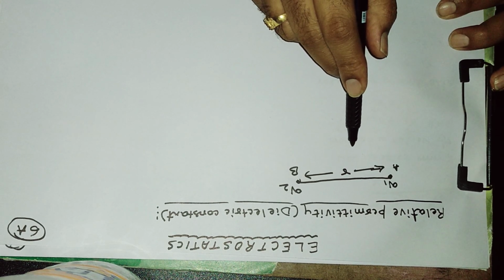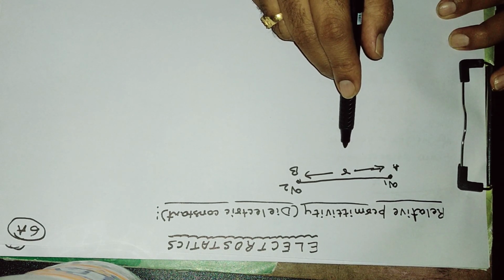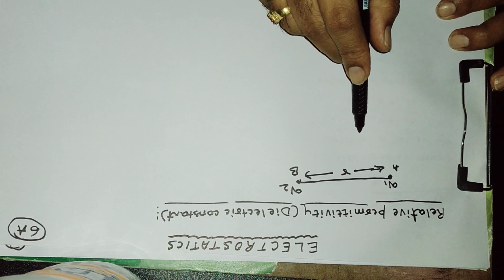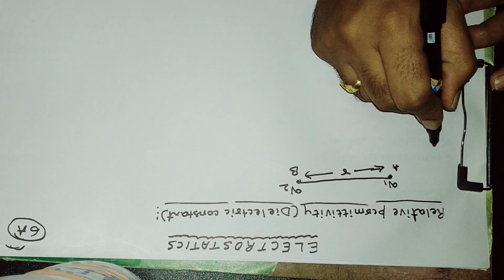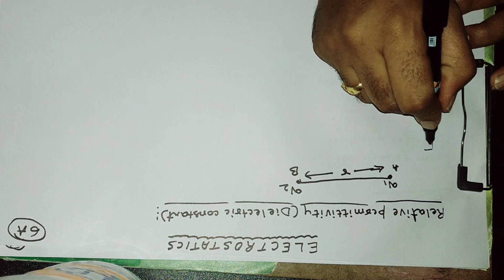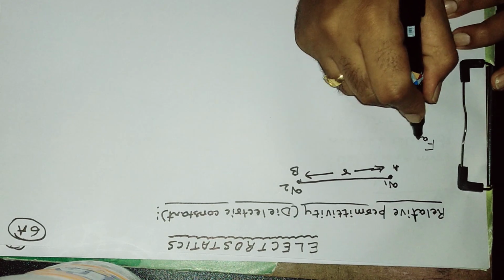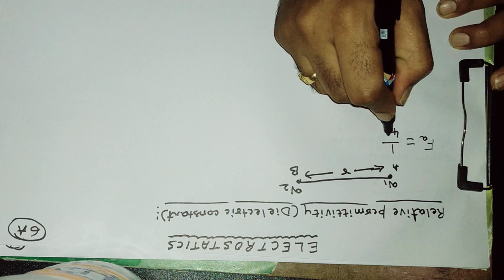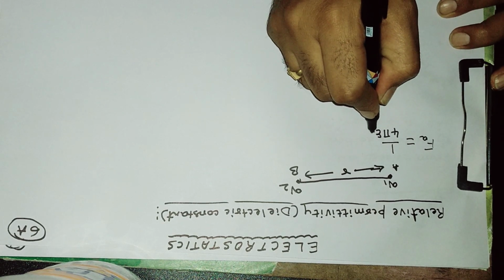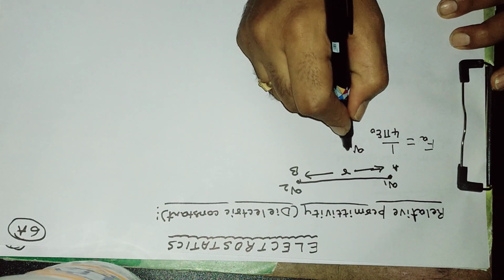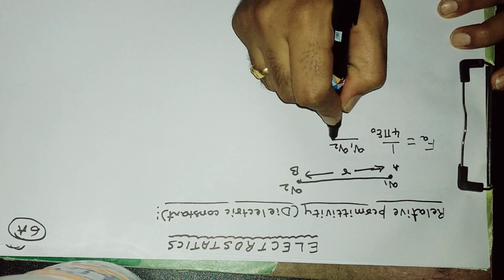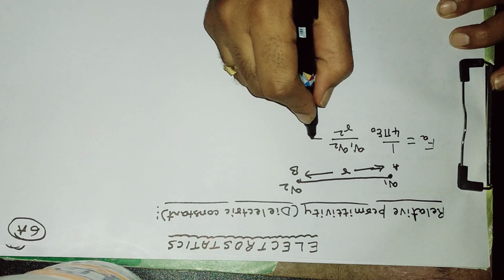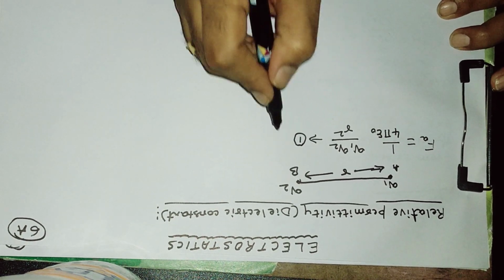When they are kept in air, you know that relative permittivity will be equal to 1. Then, from Coulomb's inverse square law, the force acting between these two charges in air, which I will refer to as FA, is given by 1 by 4 pi epsilon naught into Q1 Q2 by r square. Let me call this equation 1.